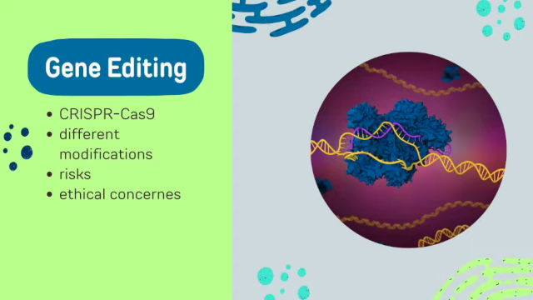So what exactly happened was, it was initially, from what I read, said that the attempt was to lessen the chance that either of these twin girls would contract the HIV virus.